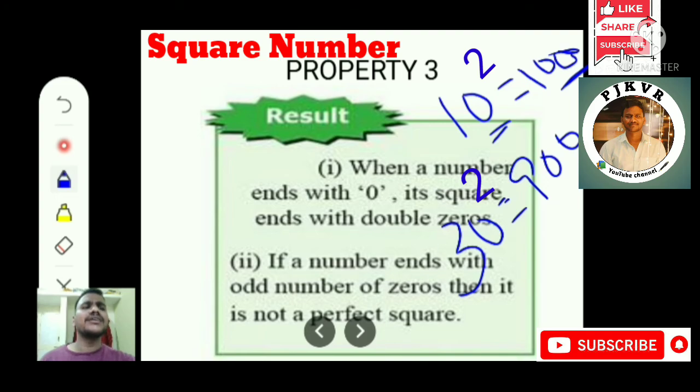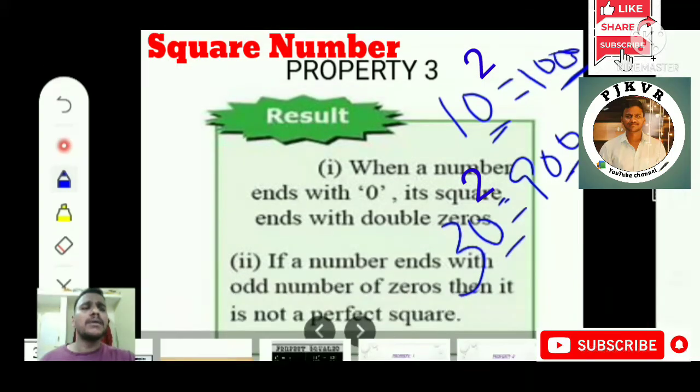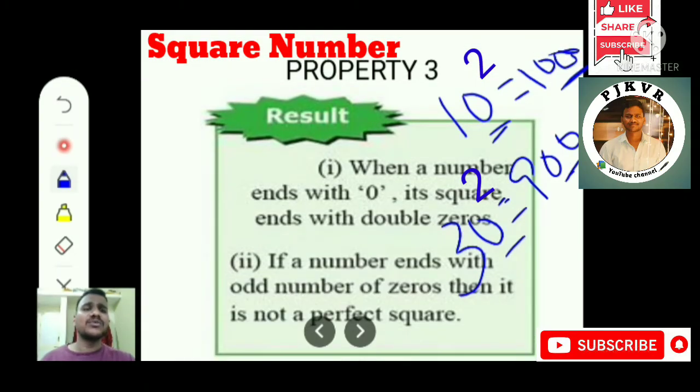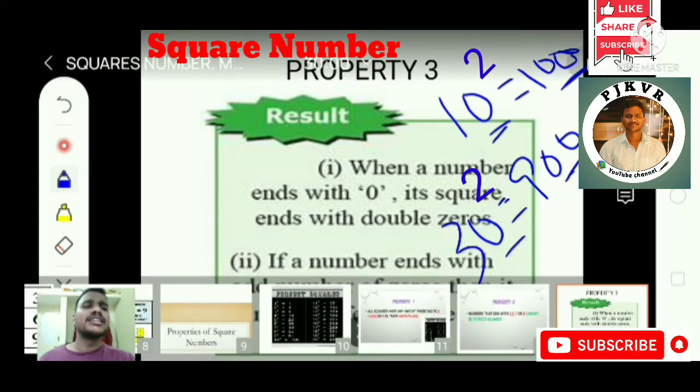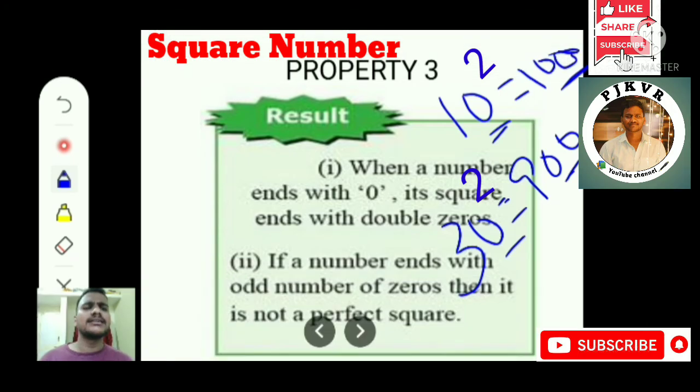It ends with double 0, but there is a second condition. If a number ends with an odd number of 0s, 3 is an odd number, then that is not a perfect square.